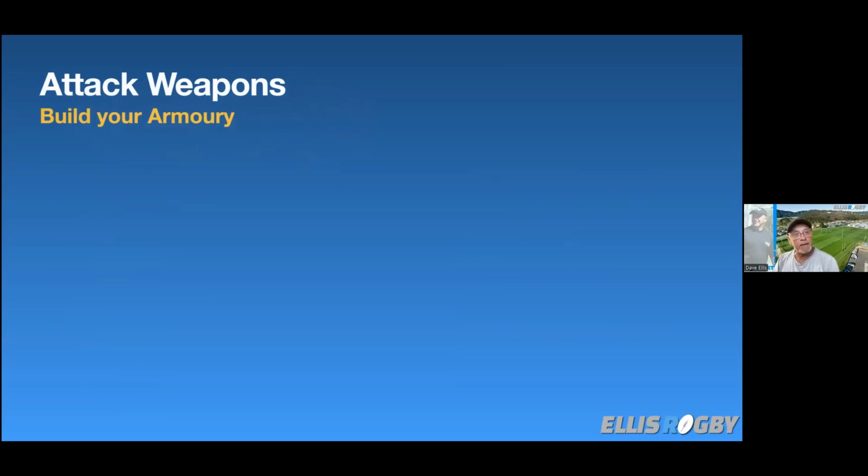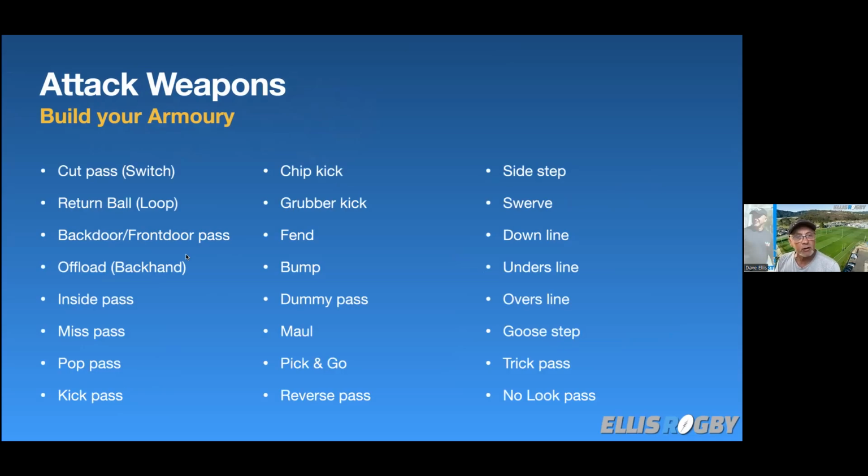So this is kind of my area when I'm working with the team: your attack weapons. This next diagram might scare you a bit, but those are just some of your attack weapons that you want your players to be adept at. There's nothing fancy there.